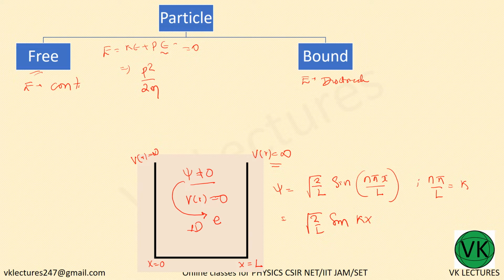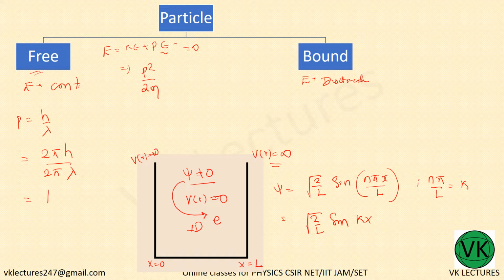Now from de Broglie's wave, we have p equal to h divided by lambda, or lambda equal to h by p. So h by lambda, just multiply and divide by 2 pi. So 2 pi h divided by 2 pi lambda. This h divided by 2 pi is nothing but h cross.